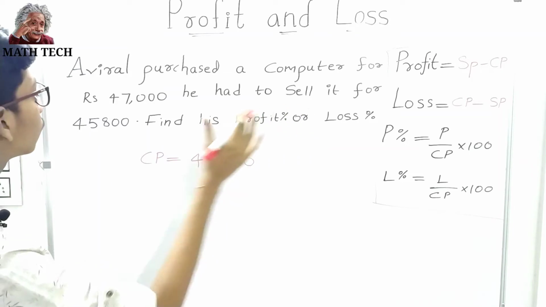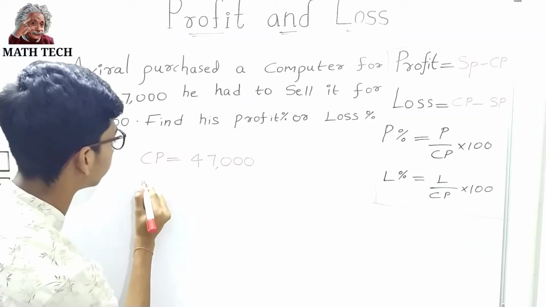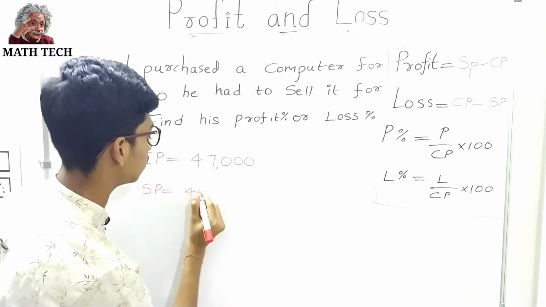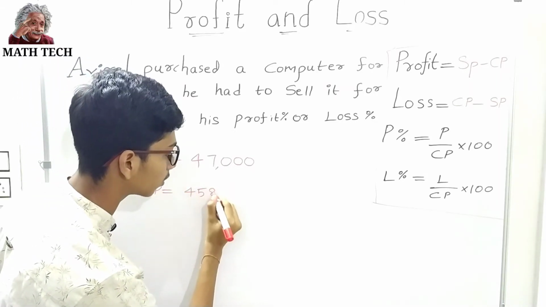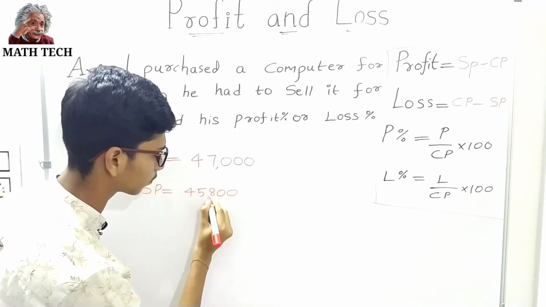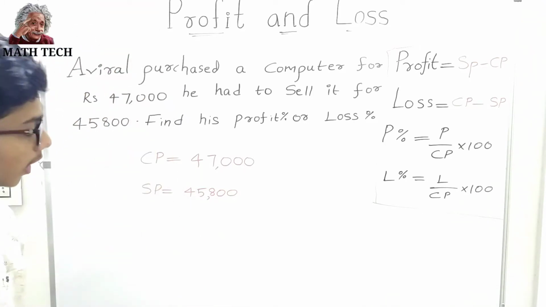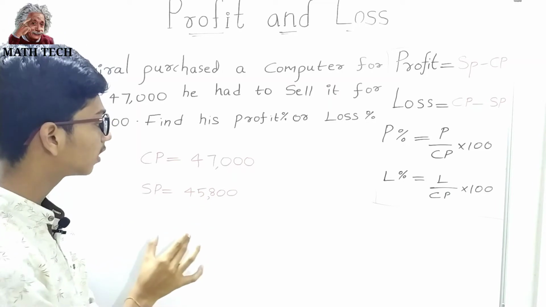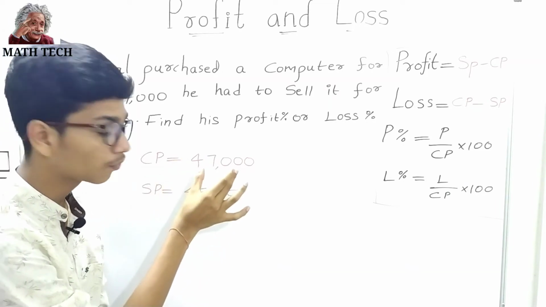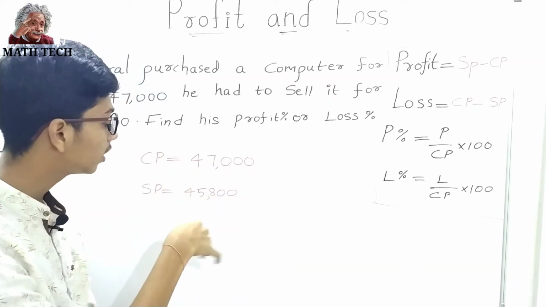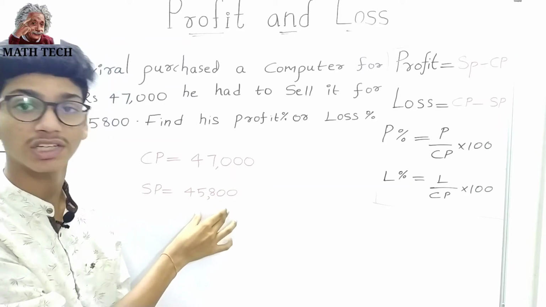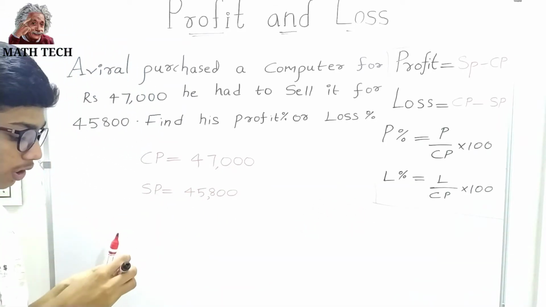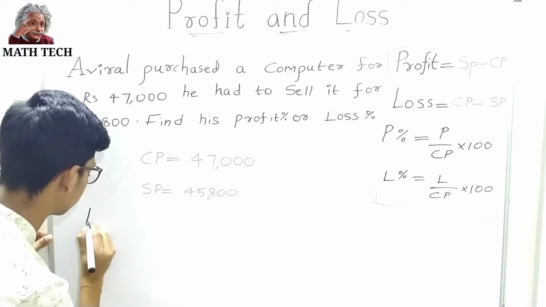He had to sell it for 45,800, that is SP is 45,800. Here we can clearly see that he purchased it for 47,000 and sold it for 45,800. So here he gets the loss.